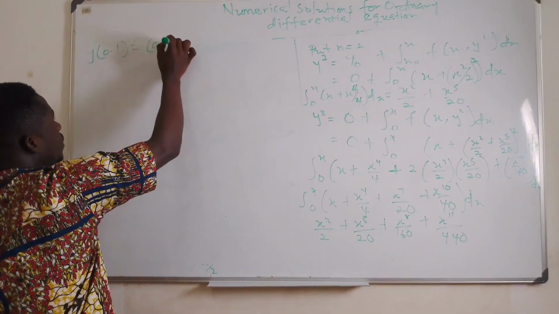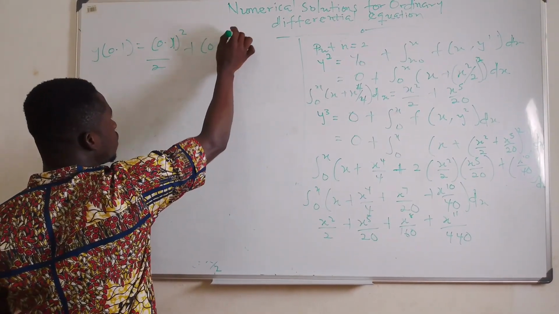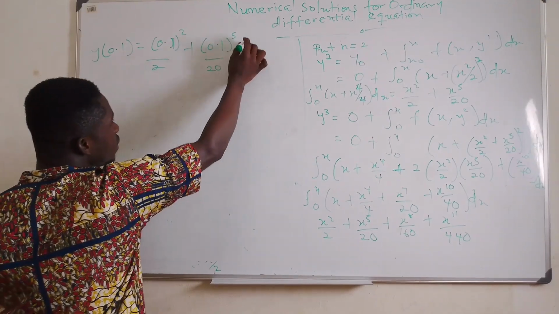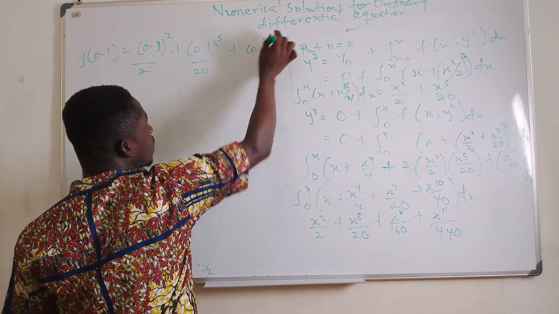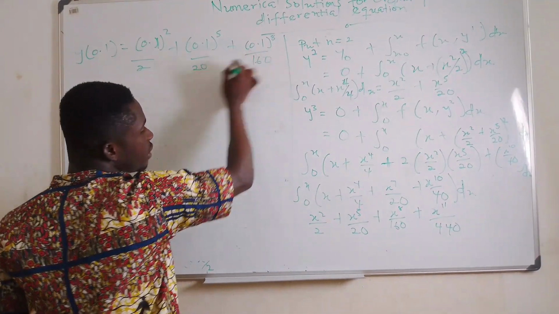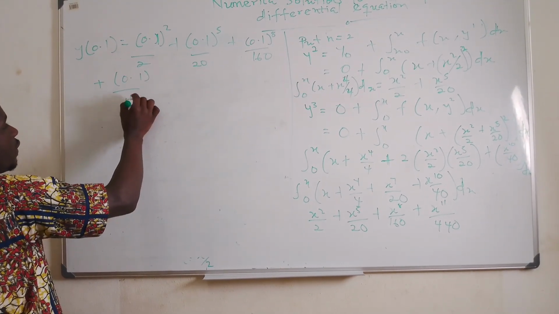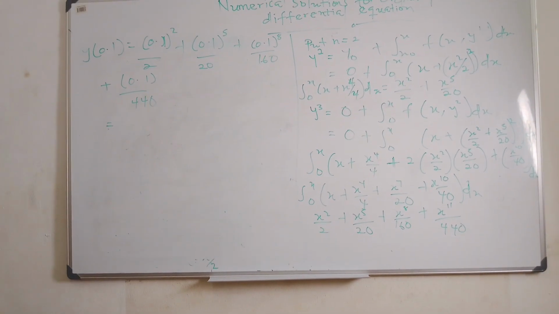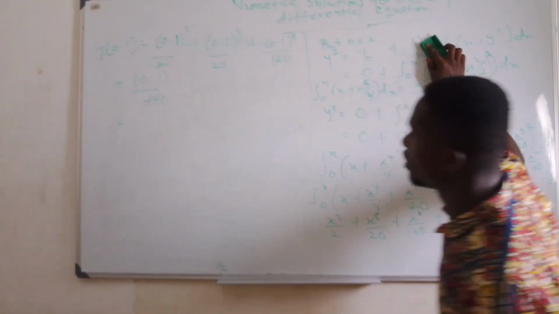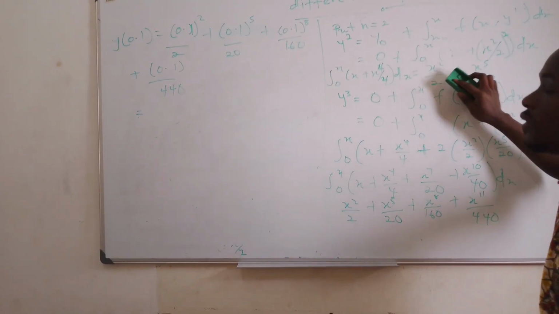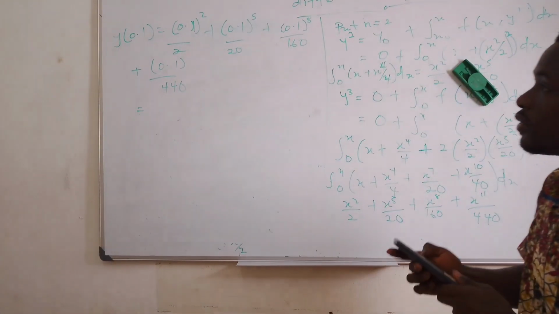So 0.1 all squared on 2, plus 0.1 power 5 over 20, plus 0.1 power 8 over 160, plus 0.1 power 11 over 440. At this instance, it's just a matter of algebra. So you just punch in your values. Let's punch in our values.